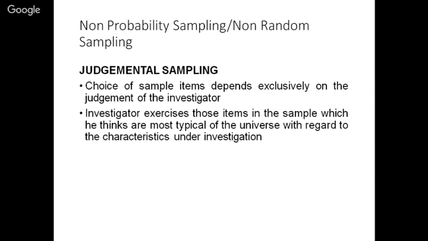For example, if I want to analyze the spending habits of my class students, and based on my judgment, I select 10 students out of 60 who, in my opinion, are representative of the class to analyze the spending habits of the students. Based on my own judgment, I have selected that sample from the whole class. It is considered judgmental sampling.